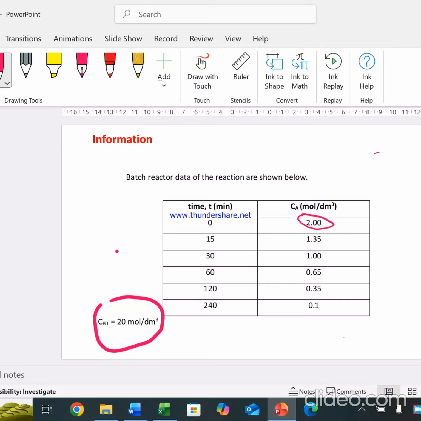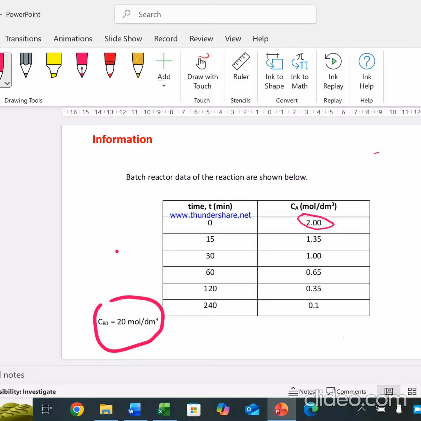So it's like 10 times the initial concentration. So B is very large compared to A. And the implication is that in reaction engineering, we can assume that B is constant throughout the reaction because it is very large. So CB equals CB naught. It's like it's not changing much.